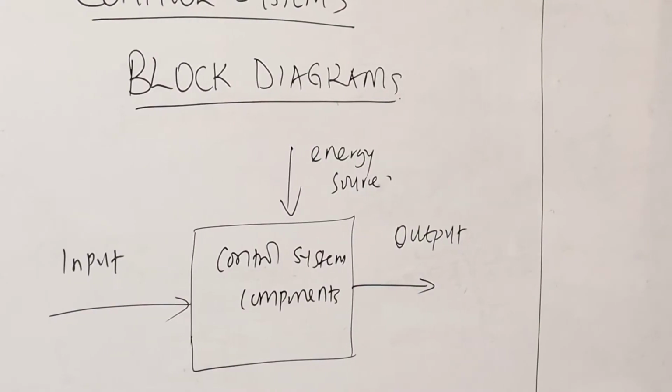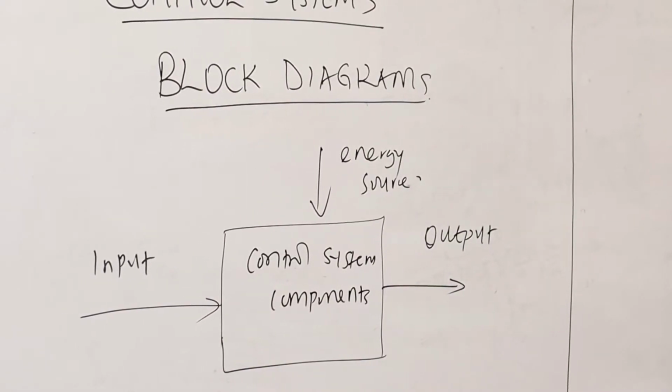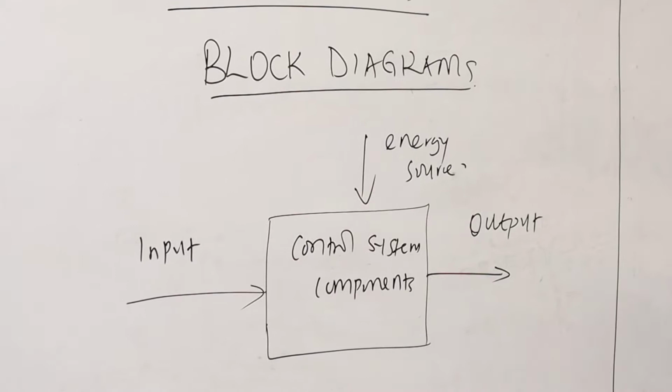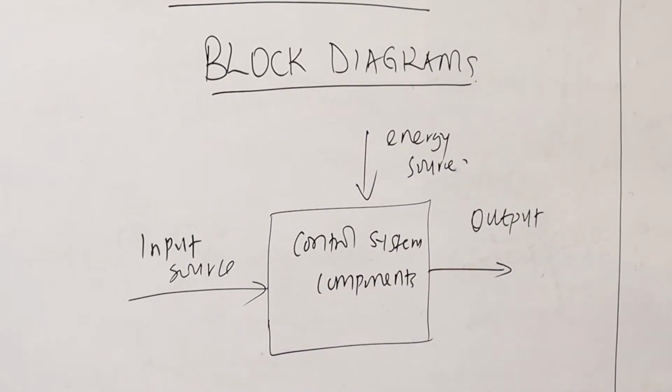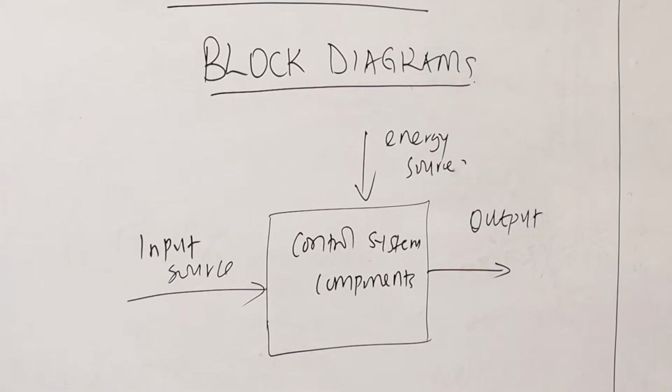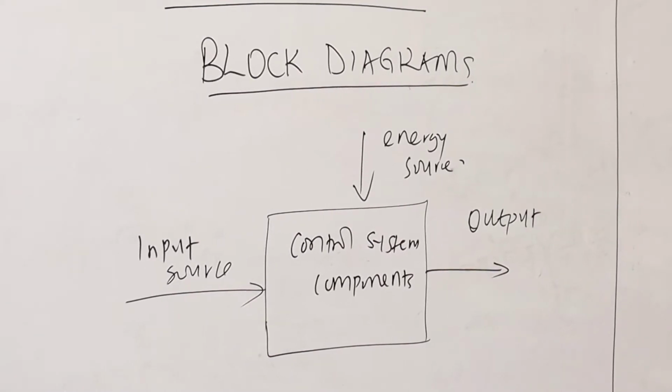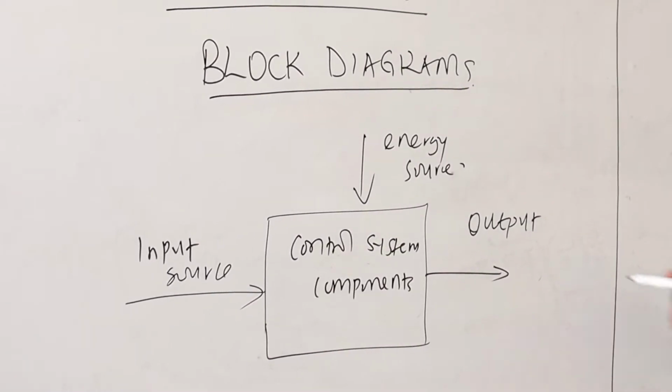So what you can see is that there is the input source, and then the input source interacts with the control system components with the combination of the energy source in order to give an output signal.